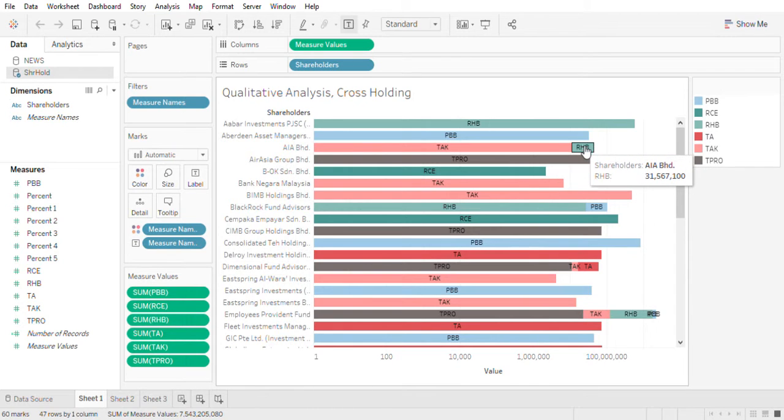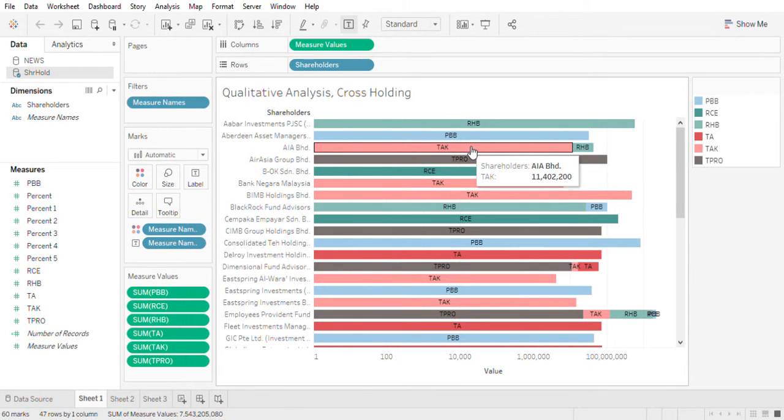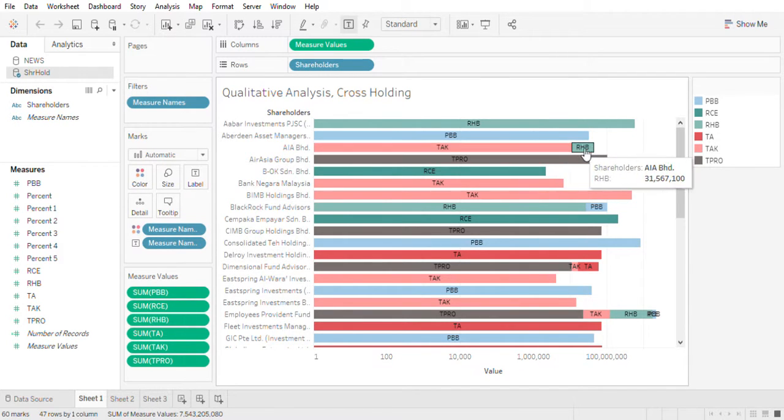And you should also remember that in our principal component analysis and in our symbolic aggregate approximation, we had found that RHB and Takaful correlate very strongly to each other. So is it a coincidence that AIA has decided to have holdings in both of them?